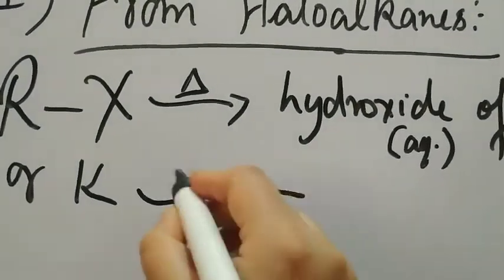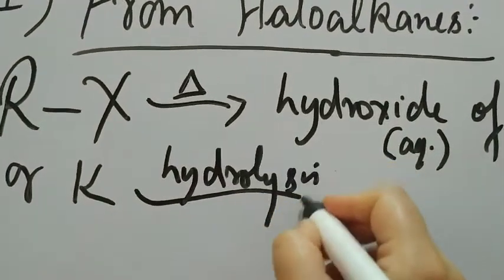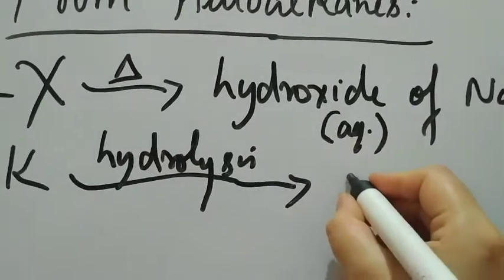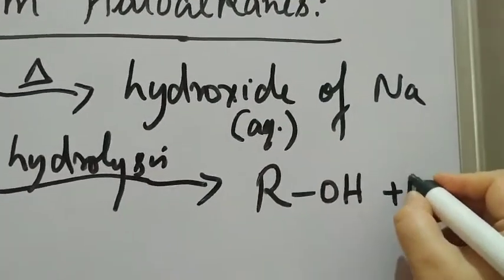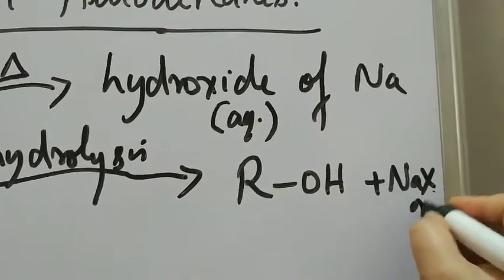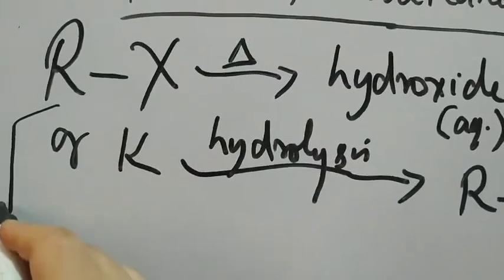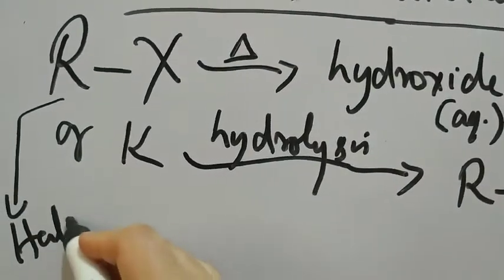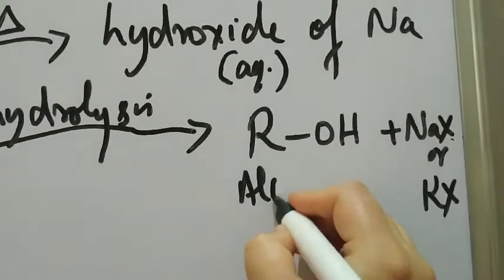Hydrolysis takes place, and since hydrolysis takes place, our product is ROH, and we are left behind with NaX or KX as the byproduct. So from a haloalkane, this is how we can prepare an alcohol, right?